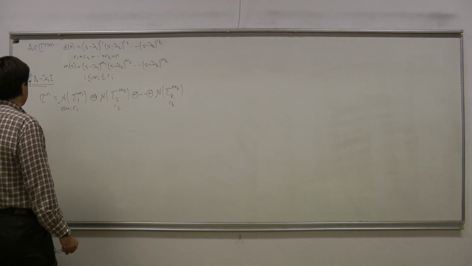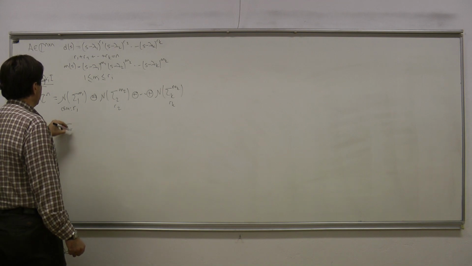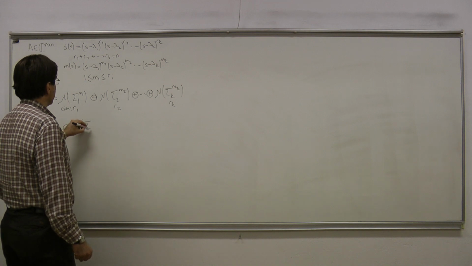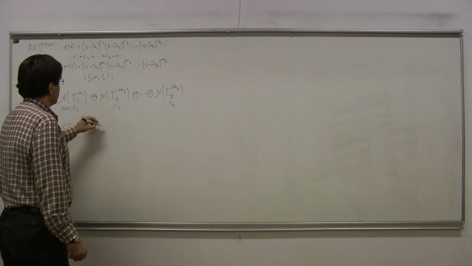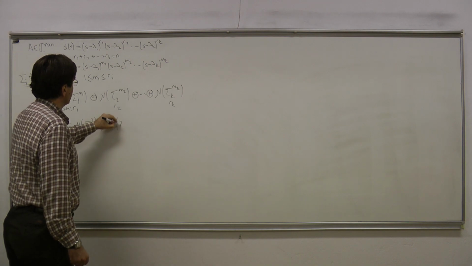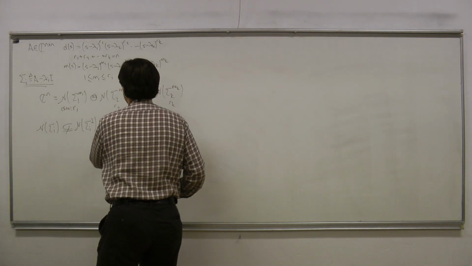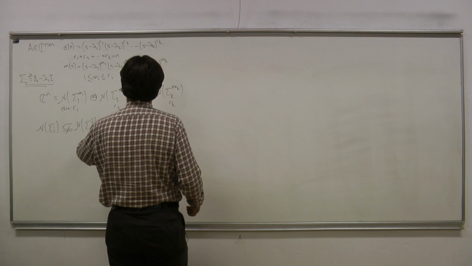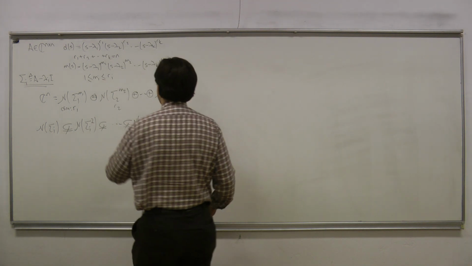We have seen that these null spaces, null space of sigma I, are always strictly growing as the power increases. So let me just say that this continues until null space of sigma I to the power mi.